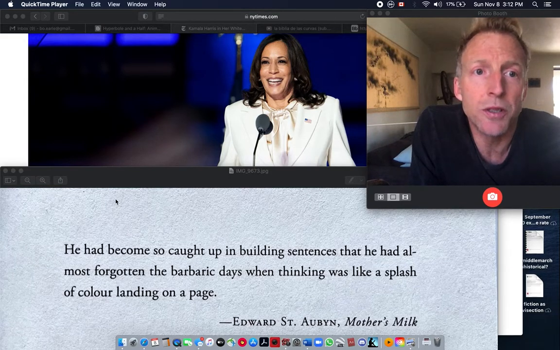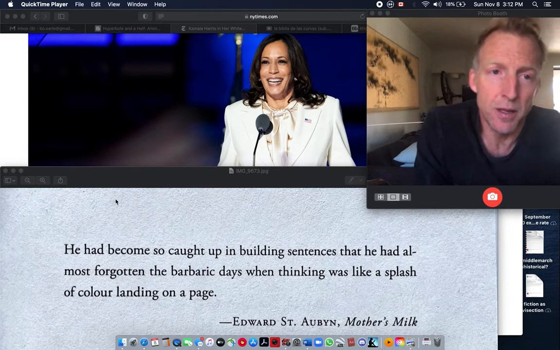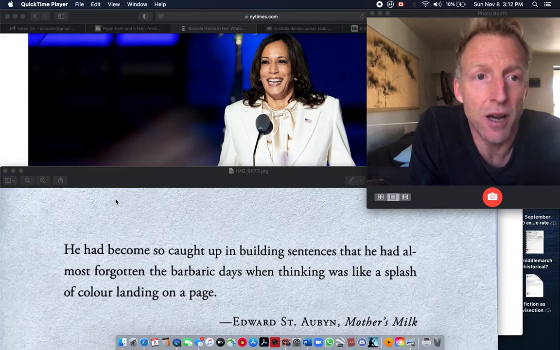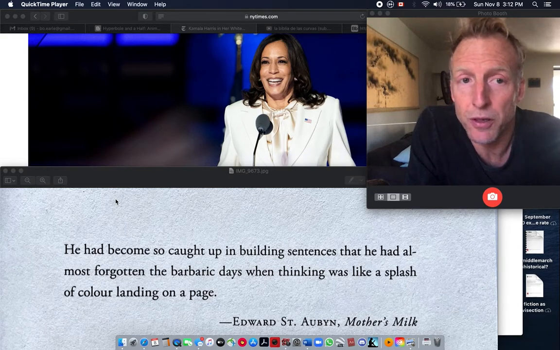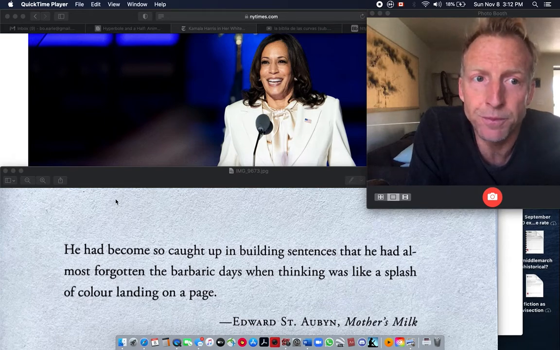Barbarism names what's outside that, what is outside of proper language. Barbaric is an onomatopoeia for people that don't speak language, that just sound like they're babbling.